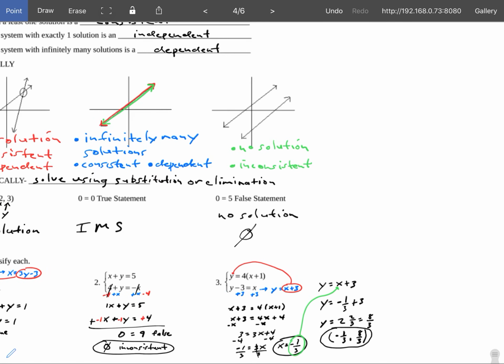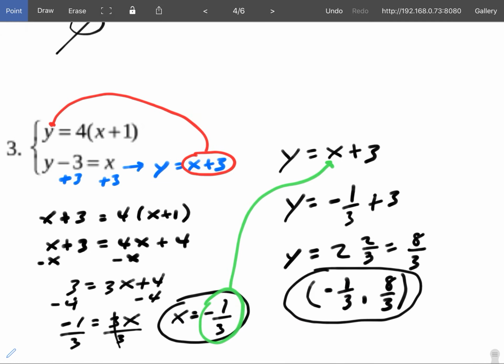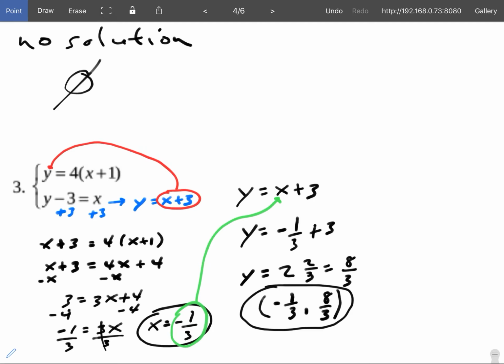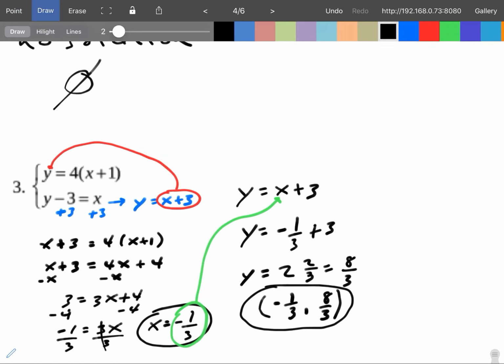So let me write that in and then we're done. If I can get back over there. Okay. So we're going to write down one solution, which means the two lines would hit each other at one point, the ordered pair x comma y.